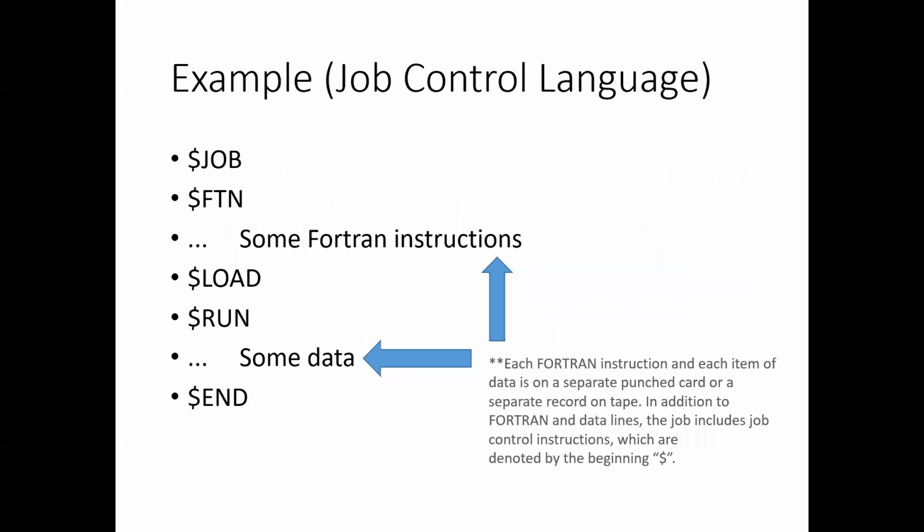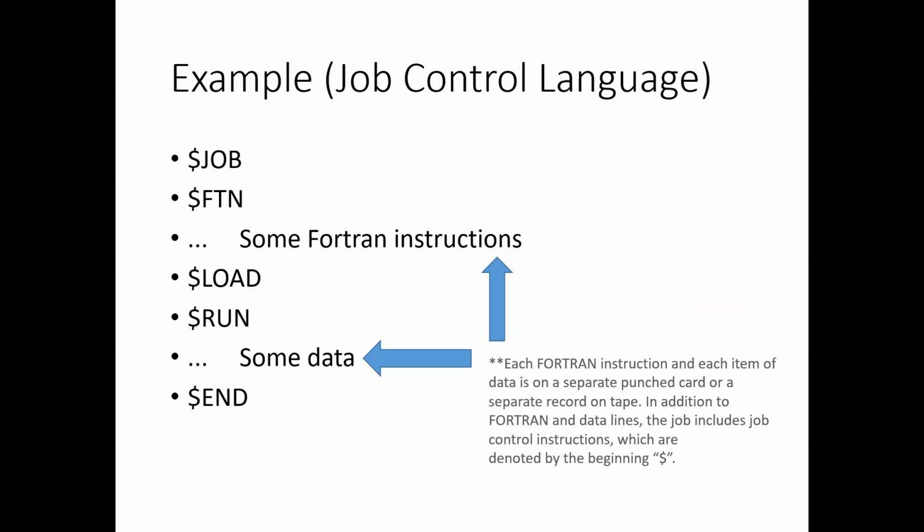So let's look at this job control language. Here you can see the job control language ones are set off by a $ sign. The first one is JOB, which tells us we're starting a job. The next one is FTN, which is Fortran. We would get some Fortran instructions to run some type of program.